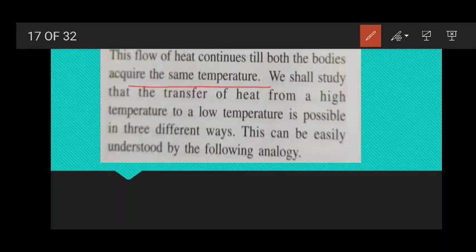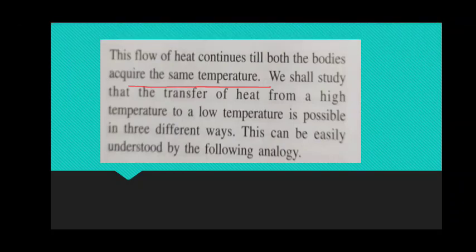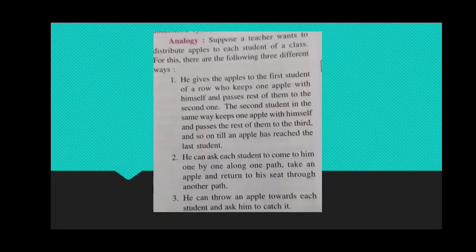We shall study that transfer of heat from a higher temperature to a lower temperature is possible in three different ways, which are called modes of transfer of heat. This will be very clear when we go through this interesting analogy. Suppose a teacher wants to distribute apples to each student of the class. Then there are three ways.